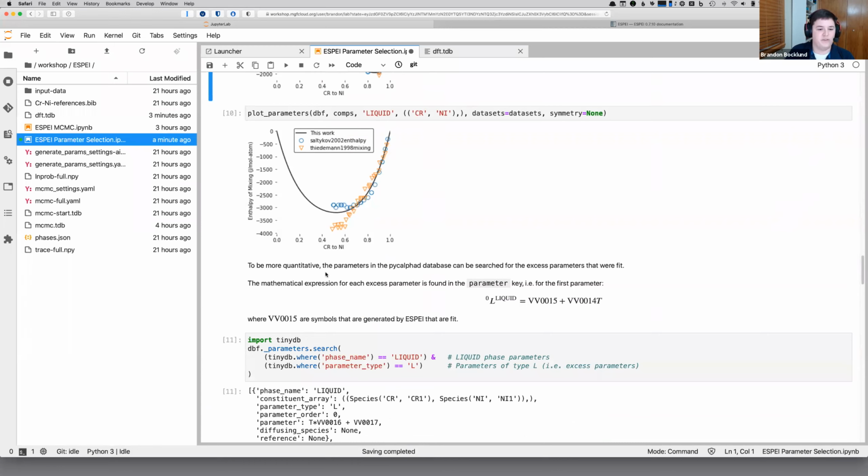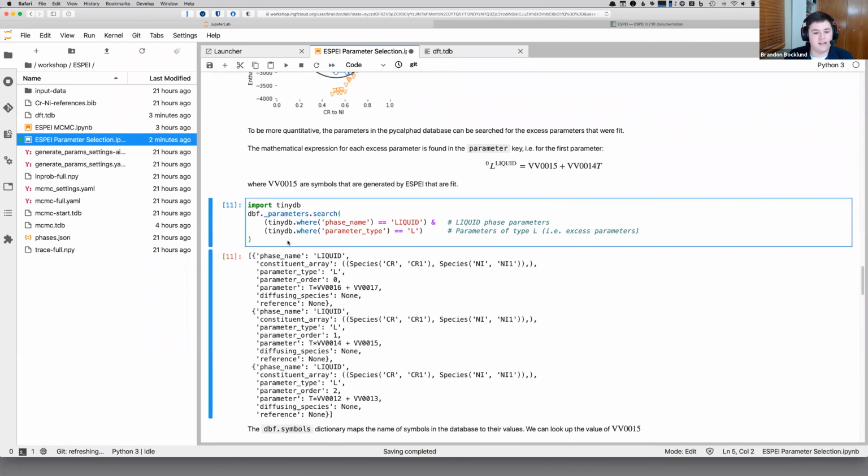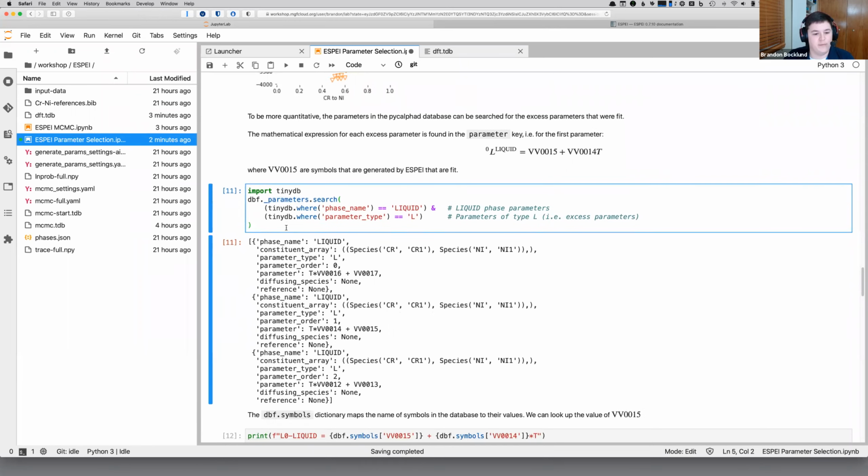One thing I do want to talk a little bit about is this feature that we have to nudge ESPEI with your intuition. You can see for the liquid phase here that the fitting function looks very symmetric and parabolic, and this data suggests that could definitely be the case. But we can use PyCalFat to search the parameters that we generated, just like Richard showed in the custom model case.